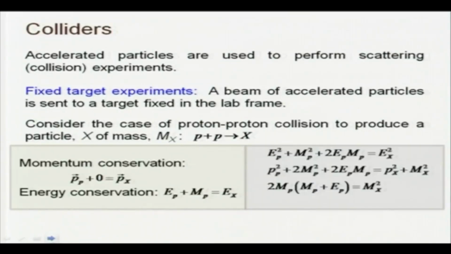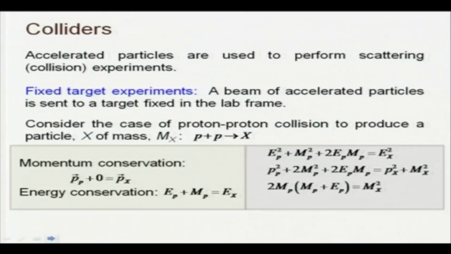And simple algebra, by squaring Ep plus Mp and equating it to Ex square, and then substituting for Ep square the energy-momentum relation dictated by the special theory of relativity, E square equals linear momentum square plus mass square times c square, etc. So, basically this will tell you that Pp square plus Mp square, plus another Mp square which is already sitting there.